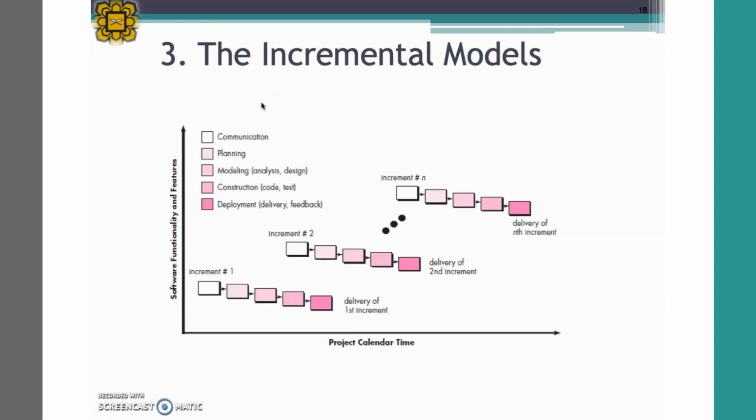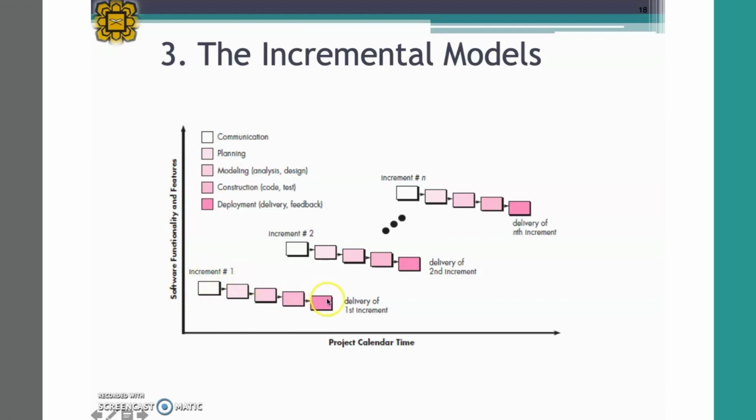incremental models. In incremental models, although it is not drawn as what you have seen in the previous lecture, it actually has the elements of increment. The whole system is divided into a few increments, so that each increment has the same set of activities, which are the framework activities: communication, planning, modeling, construction, and deployment.